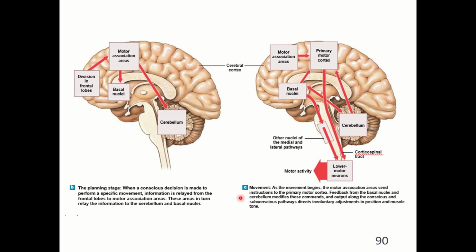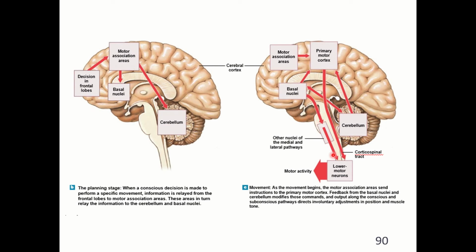And then in figure C, it's showing movement. As the movement begins, the motor association areas send instructions to the primary motor cortex. So the motor association area is your premotor cortex, and it's sending information to the primary motor cortex. Feedback from the basal nuclei and the cerebellum modifies these commands, and output along the conscious and subconscious pathways directs involuntary adjustments in position and muscle tone.